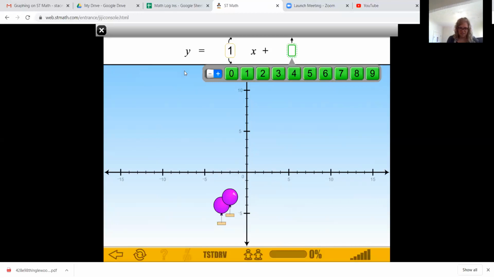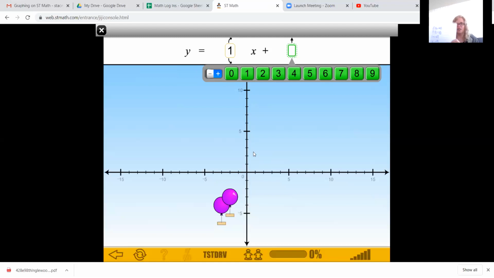And then in trying to determine where this is going to cross the y-axis, I actually just continue the pattern of points. This is one way to do it. And I know that when x is 0, that's going to be my y-intercept.